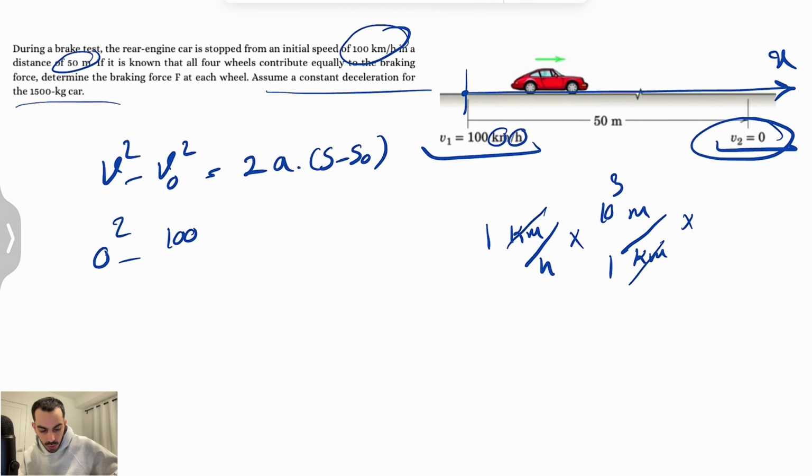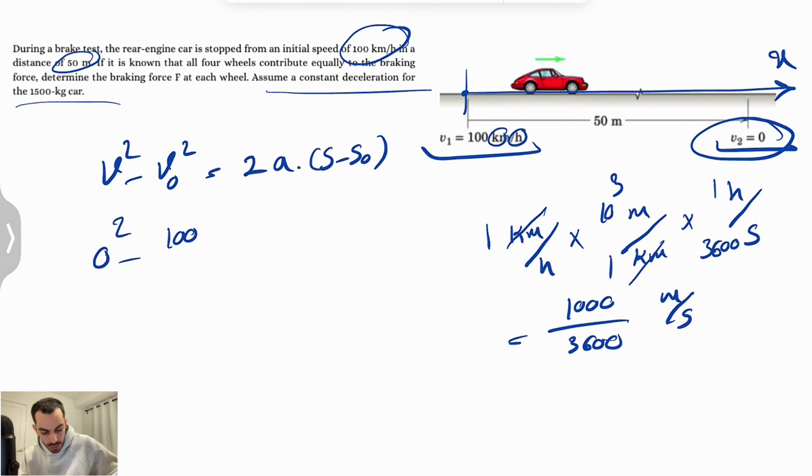And we know also 1 hour is 60 minutes, and 60 minutes times 60 seconds is 3600, and basically this is going to give us 1000 divided by 3600 meter per second. We can get rid of the zeros, and what we're going to get is 1 over 3.6 meter per second.